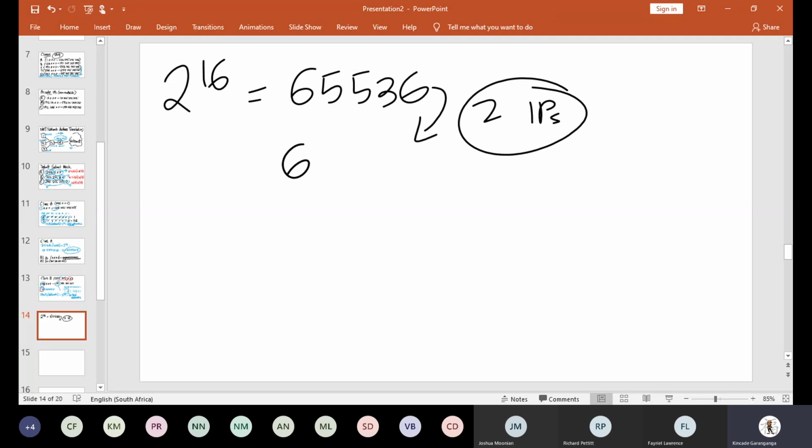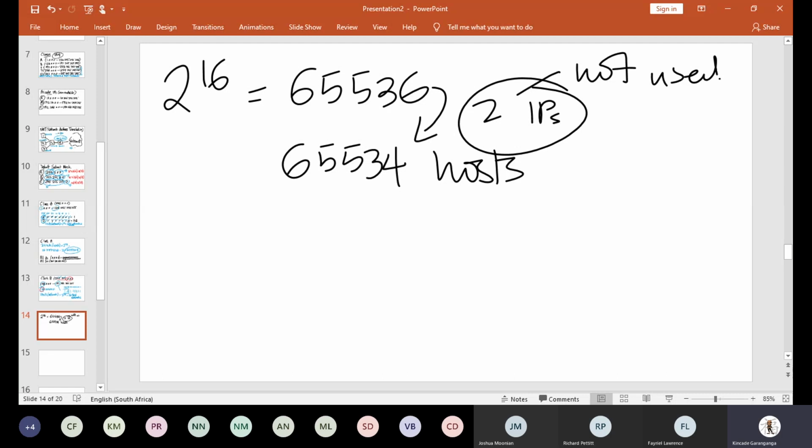That will then mean that we now have 65,534 hosts that can be gotten. So 2 IPs that are typically removed, or the 2 IPs that are not used, and we just saw why. So with class B, what it typically then means is that you're now sitting with 65,534 as far as the hosts are concerned.